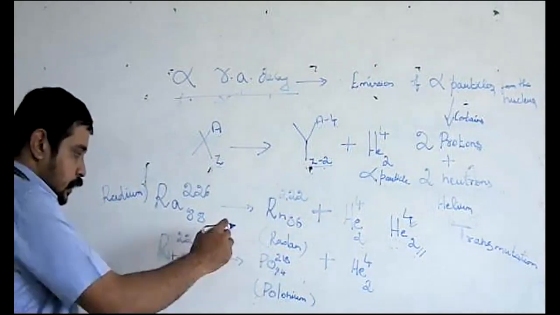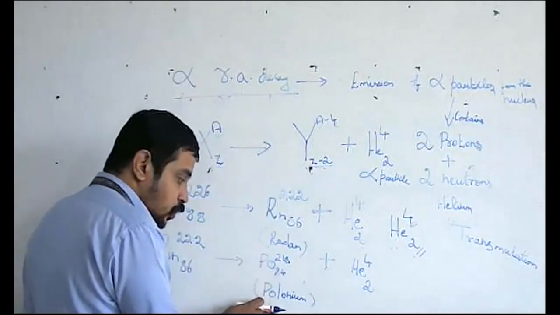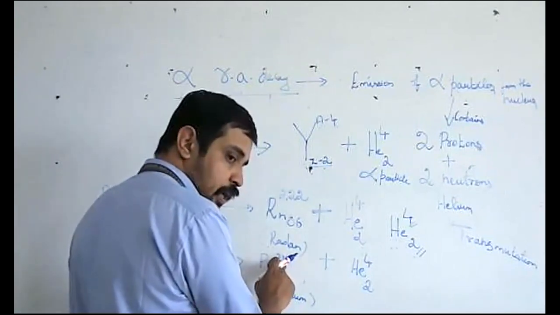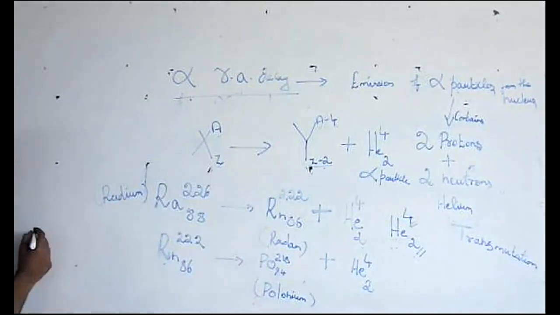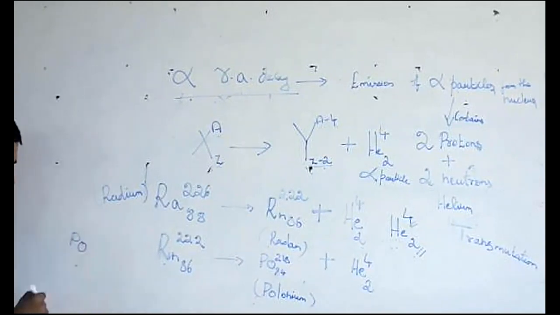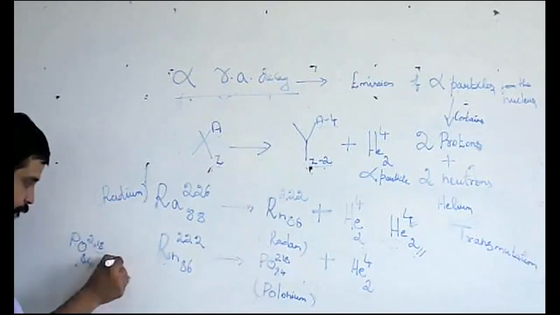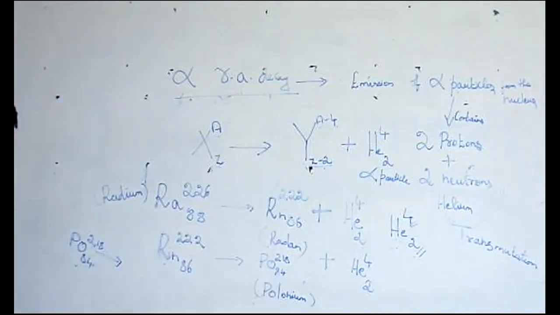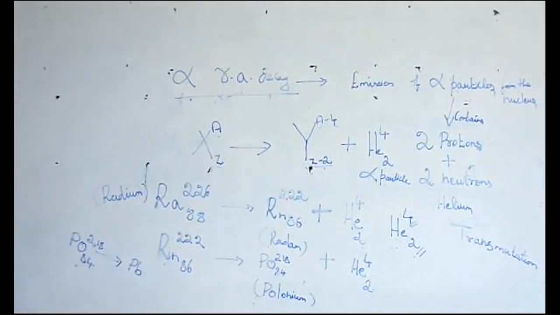Okay, so this radon is again undergoing alpha radioactive decay to be converted to polonium, represented by mass number of 218, atomic number of 84, and this polonium again undergoes alpha radioactive decay, and it is converted to lead.